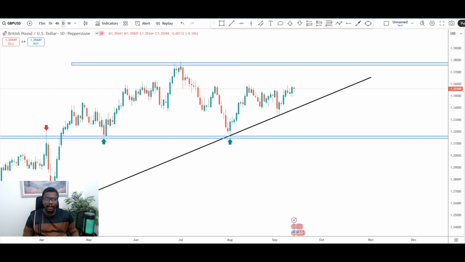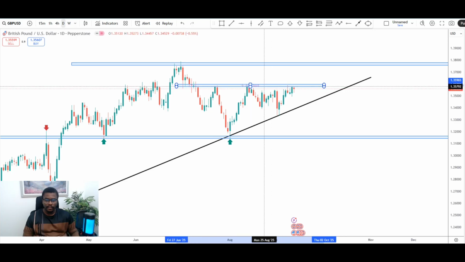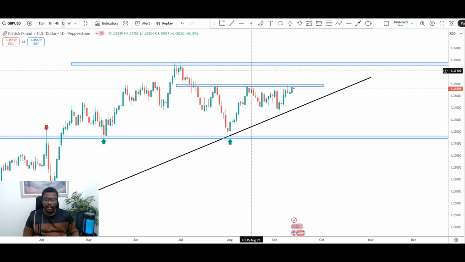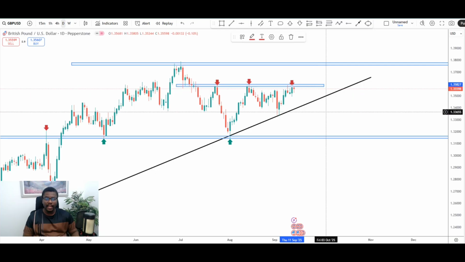Again, we can identify a minor area of resistance here on the daily time frame. And we can see price testing it there as well on several occasions, and price currently at that level.